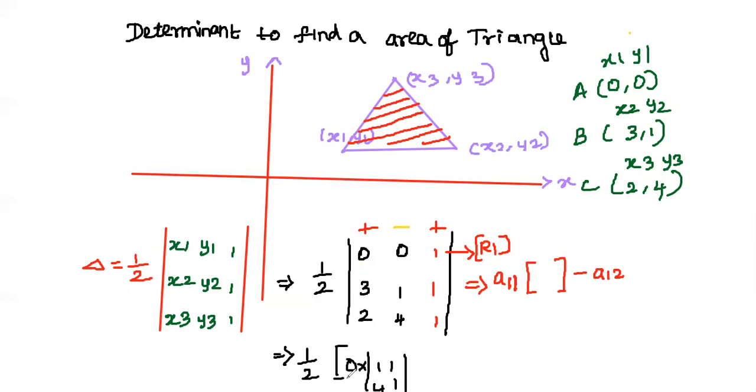So that is why I have written 0 over here, followed by its minor. And for finding its minor, you have to cut its corresponding row and corresponding column. And then you have to write A12. A12 is the element which is present in the first row and second column. First row, second column, right? So 0 is present in the first row, second column, and then you have to write its minor. So that is the general form.